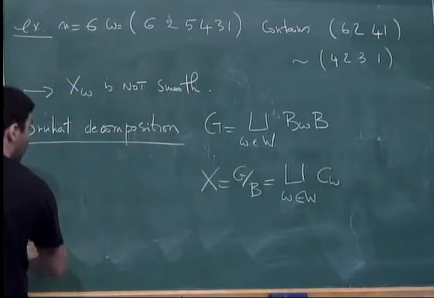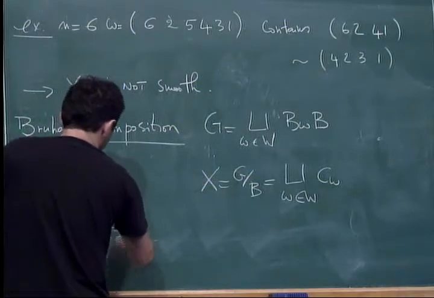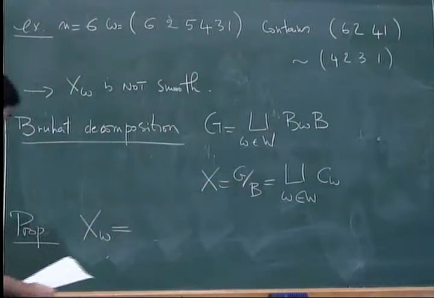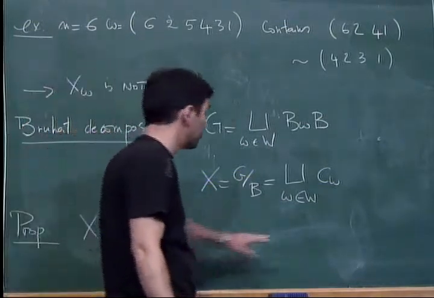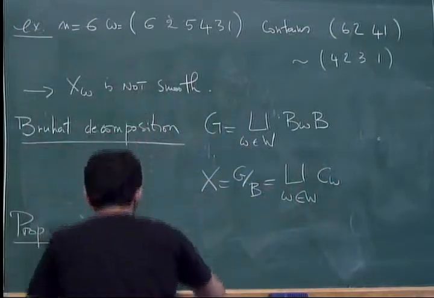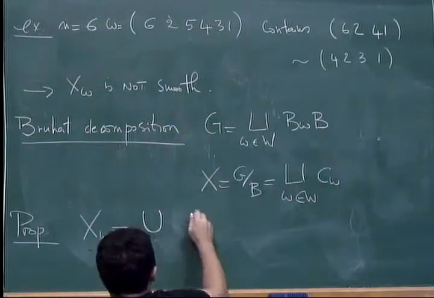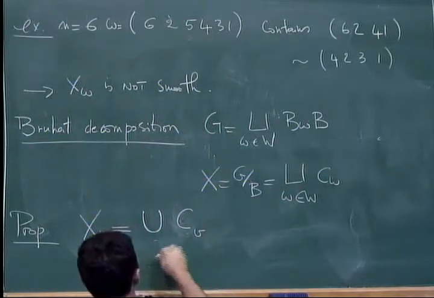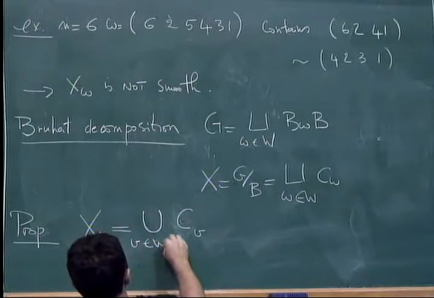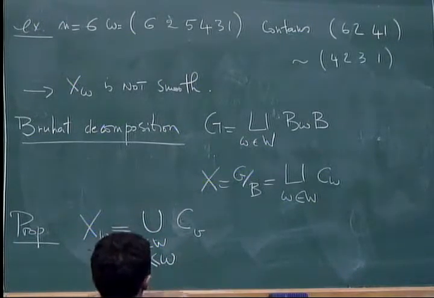Proposition. You can try to describe the closure of a cell in terms of this decomposition, and the answer is the following. This is exactly the union of the Bruhat cells for v in W with v less or equal to w.